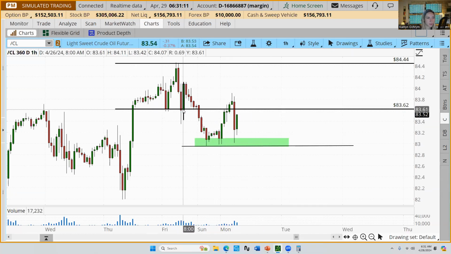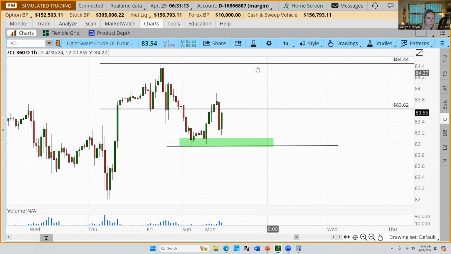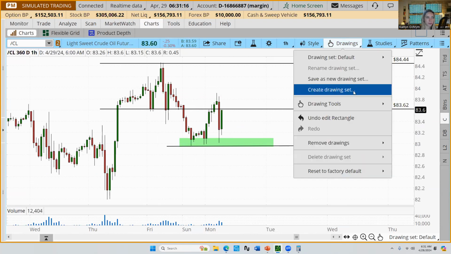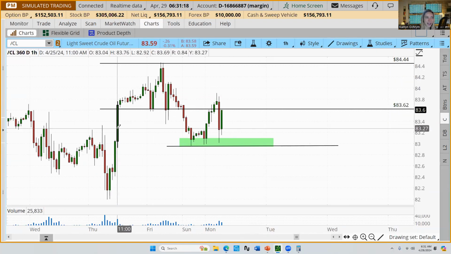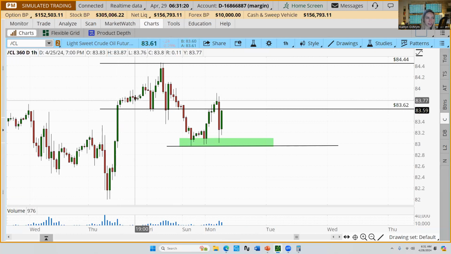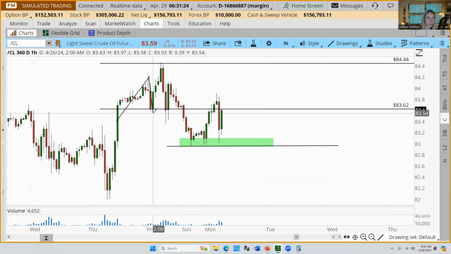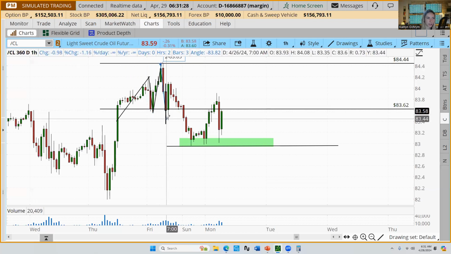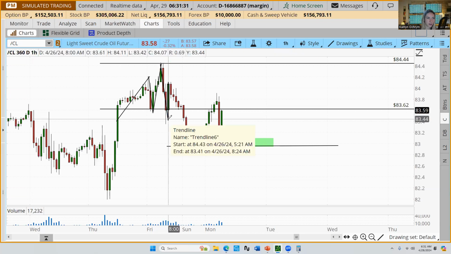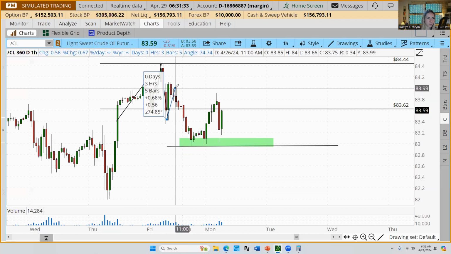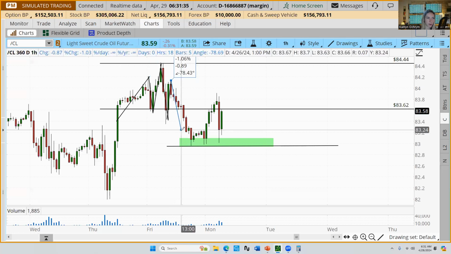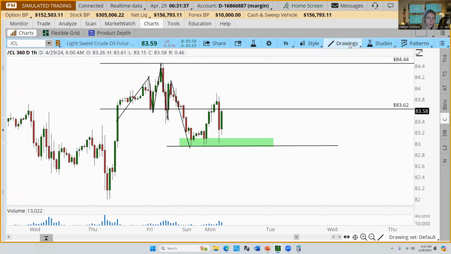To the top side though, let me see who can figure out the answer for this one. Where we had price test here, price test here, price rallied, and then we broke down.